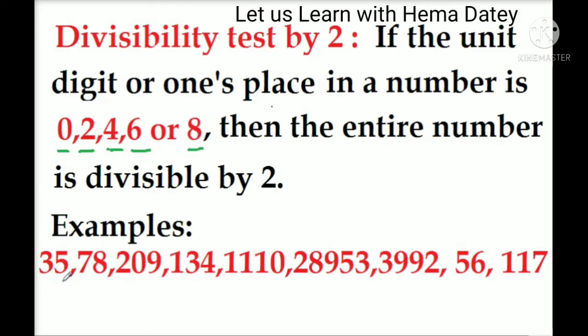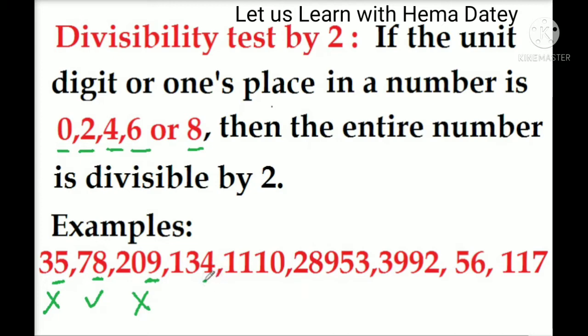In first number 35, unit place is 5, so it is not divisible by 2. Second number 78, unit place is 8, it is divisible by 2. Third number 209, unit place is 9, so it is not divisible by 2.